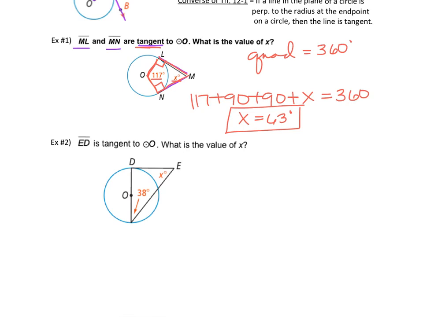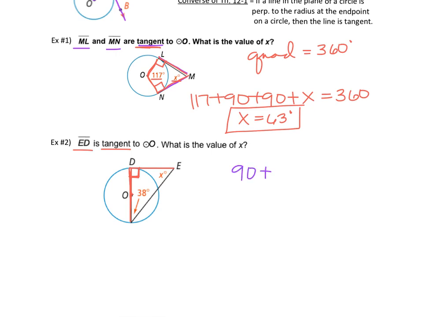Now look at example 2 here. It says ED is tangent. Okay, so this is tangent to the circle. And this is a diameter, which means you have a radius here. So we know that this is 90 degrees. It has to be perpendicular because it goes through the center. So to find the value of x, now this one is slightly different. What do you need to do with that?